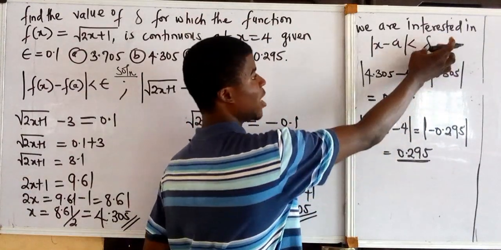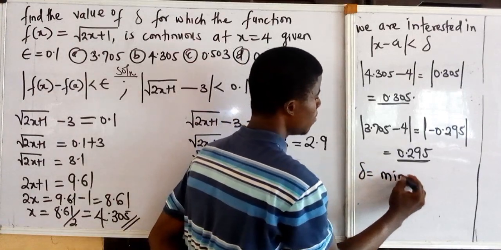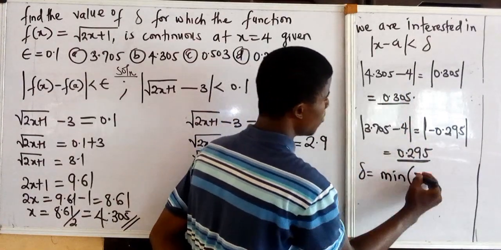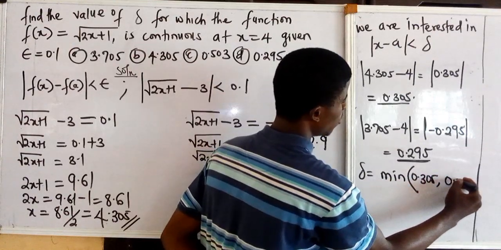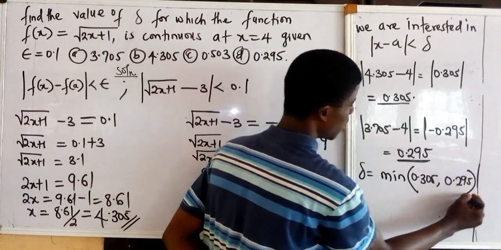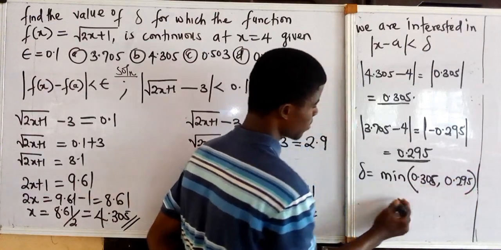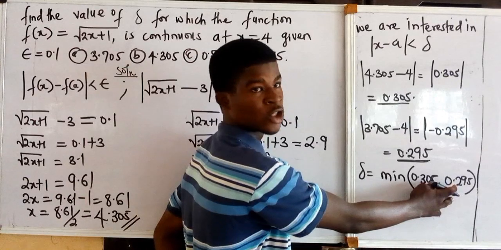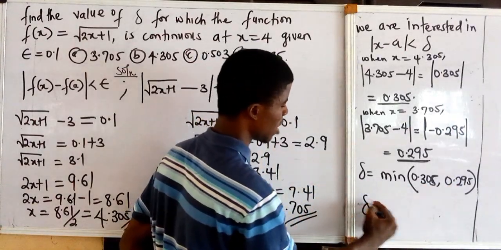Now, the value for delta here, which I asked to calculate for, is the minimum of this 0.305 and 0.295. So, which of these two values is smaller? Actually, 0.295 is smaller than 0.305. So, the value for delta will be this.